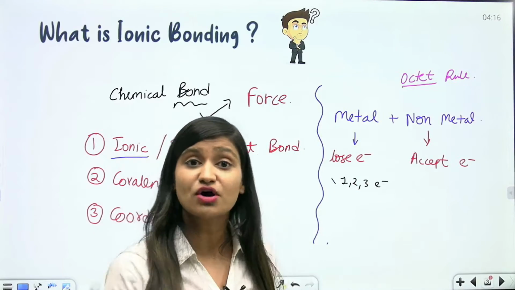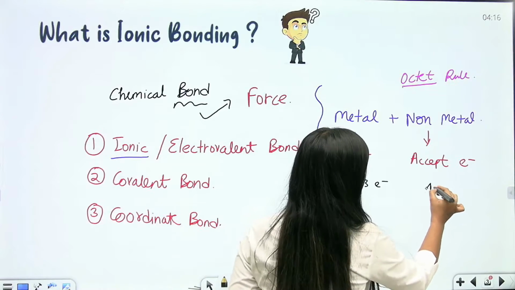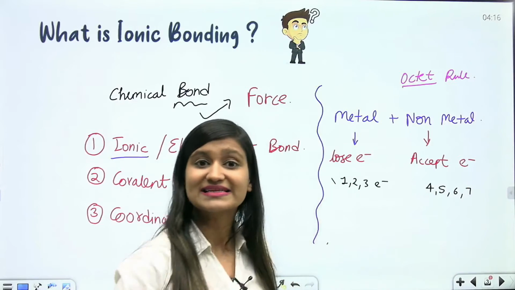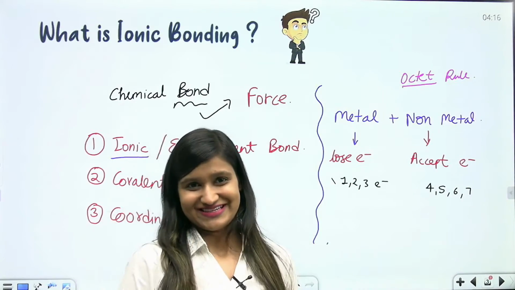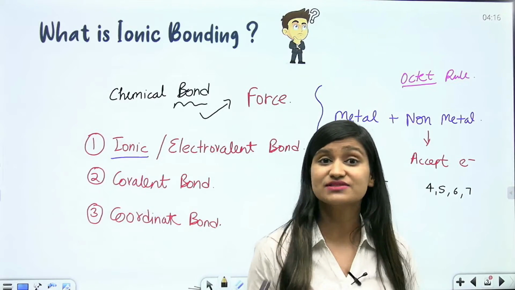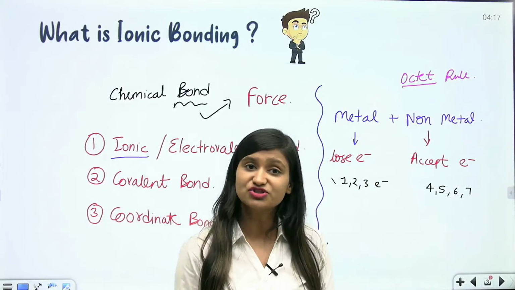But in the case of valence shell of non-metals, we will have either 4, 5, 6 or 7 valence electrons. Alright. What is going to happen if there is only 1 electron in the valence shell?